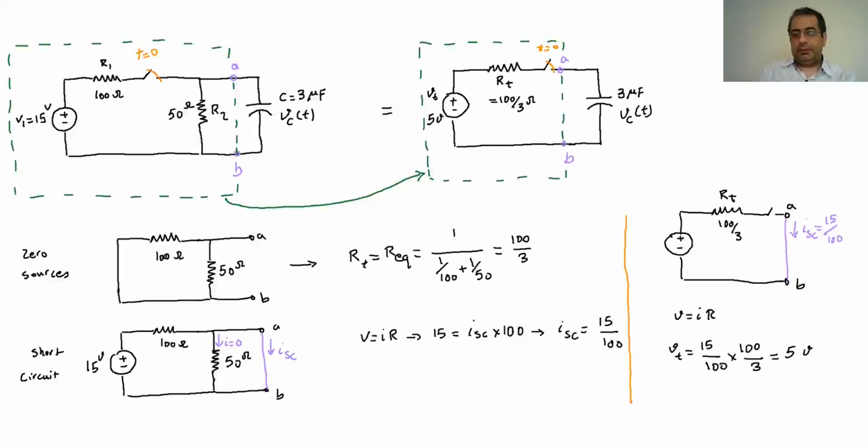So if I go ahead and redraw that circuit again, now that we have V is 5 volt, and then we have the R Thevenin, which was 100 divided by 3, and then we have the capacitor, 2 microfarad, and VC.